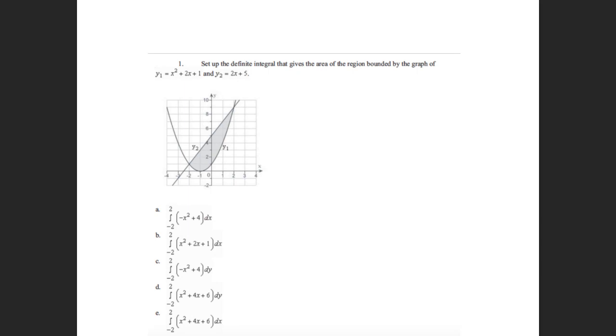All right. So if I was going to do this problem, I've got top function. So this is my top function here. So my integral is from 2x plus 5 minus, and then I would put this inside parentheses because if you don't, you're going to really mess this up. So this is x squared plus 2x plus 1.